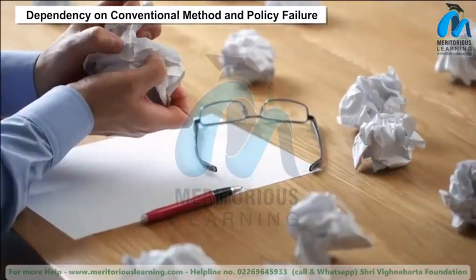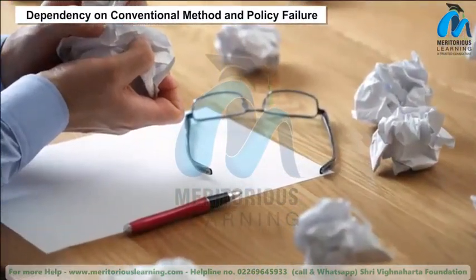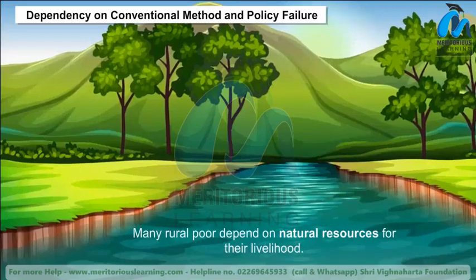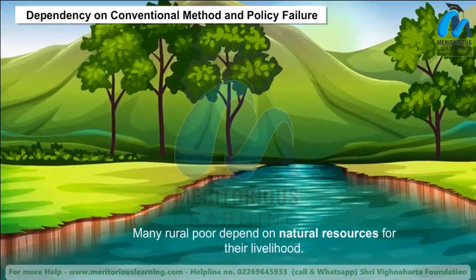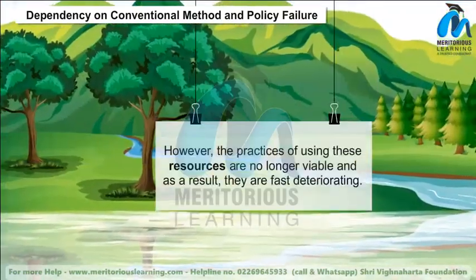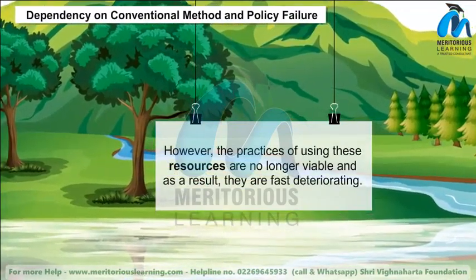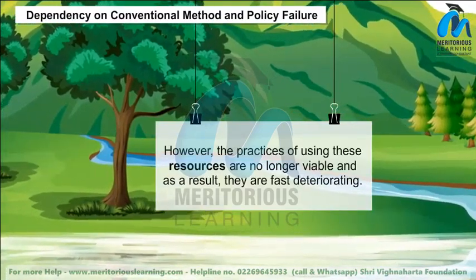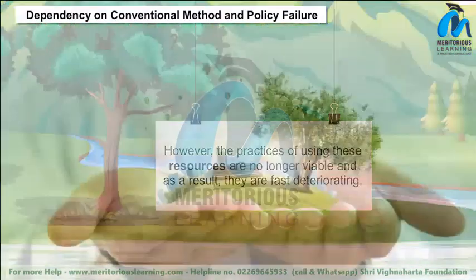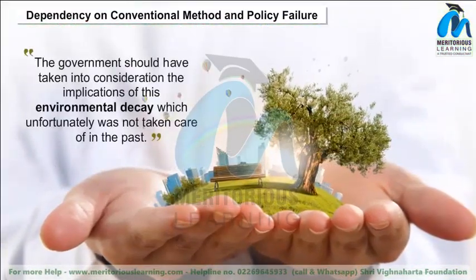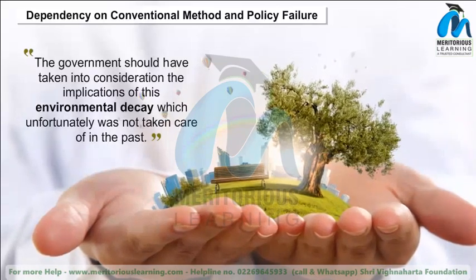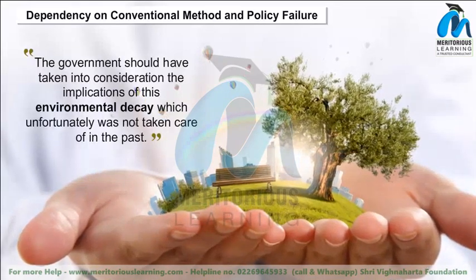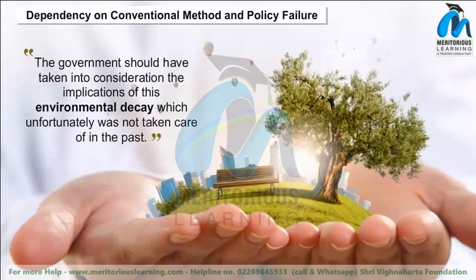Dependency of conventional method and policy failure. Many rural poor depend on natural resources for their livelihood. However, the practices of using these resources are no longer viable, and as a result, they are fast deteriorating. The government should have taken into consideration the implications of this environmental decay, which unfortunately was not taken care of in the past.